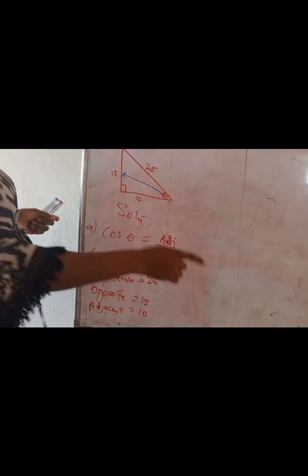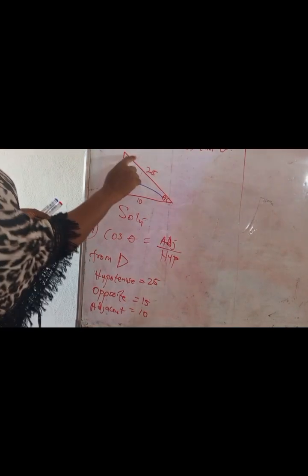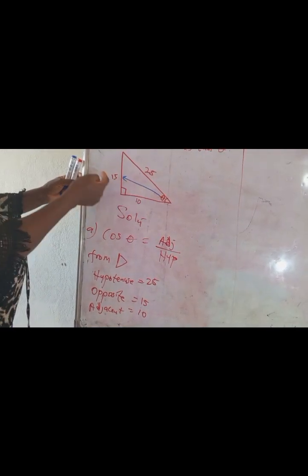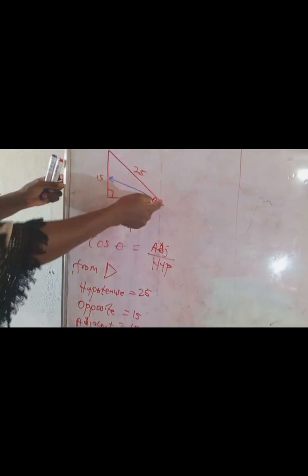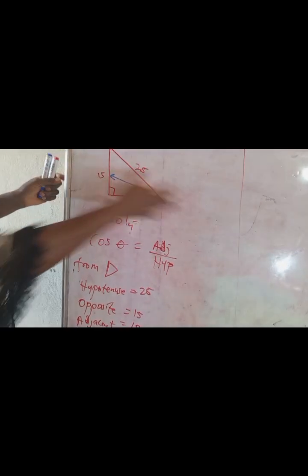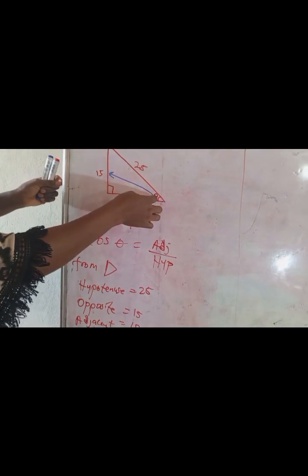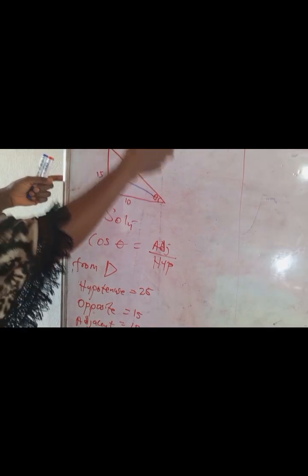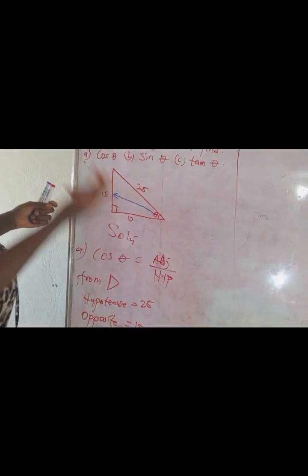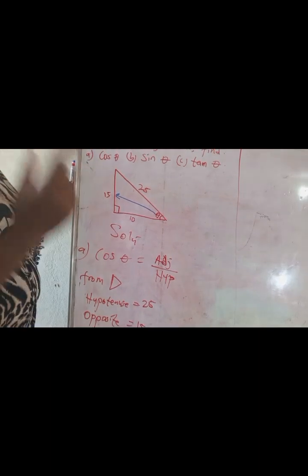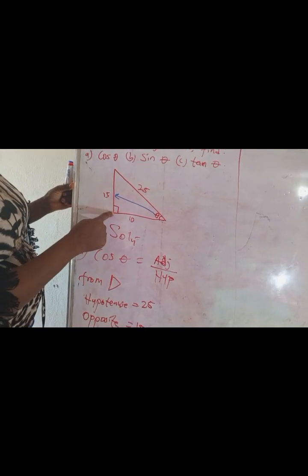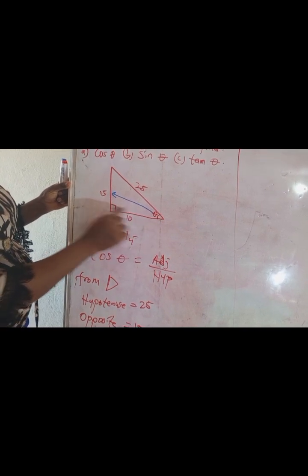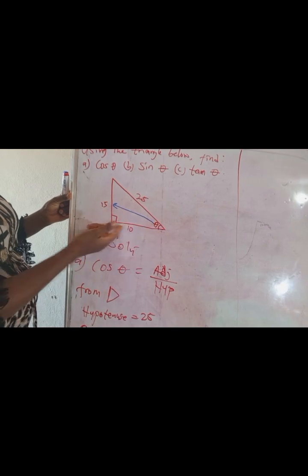It's the longest side. The opposite is the side that is vertically opposite the given angle. Remember, I told you that the adjacent is the line that is connecting the right angle and the given angle. This line is connecting this angle and this angle. So this is the adjacent side.